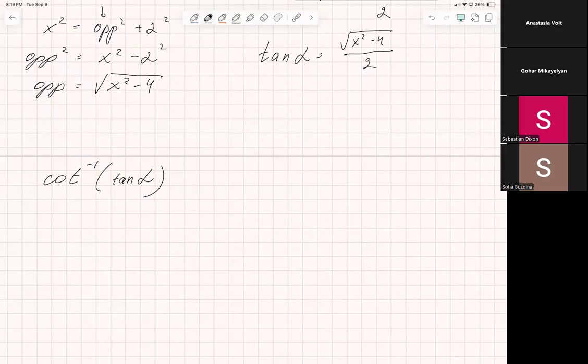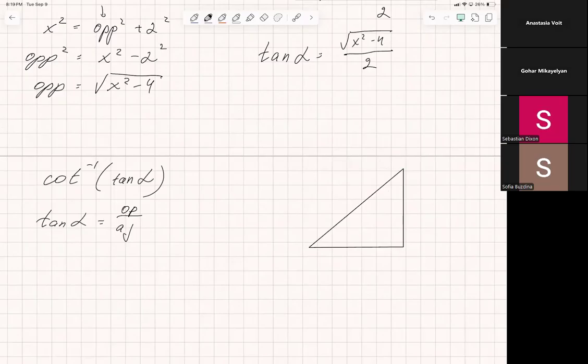You'll still need to use your right triangle. Tangent alpha is opposite over adjacent, correct?